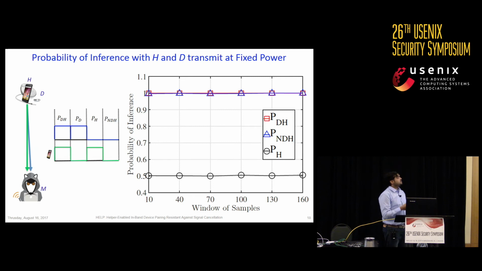From this plot, we can see that when both device and helper are transmitting, or when both are not transmitting, Mallory is able to detect that with full certainty, while if only the device or only the helper is transmitting, Mallory's probability of inference is equivalent to a random guess.